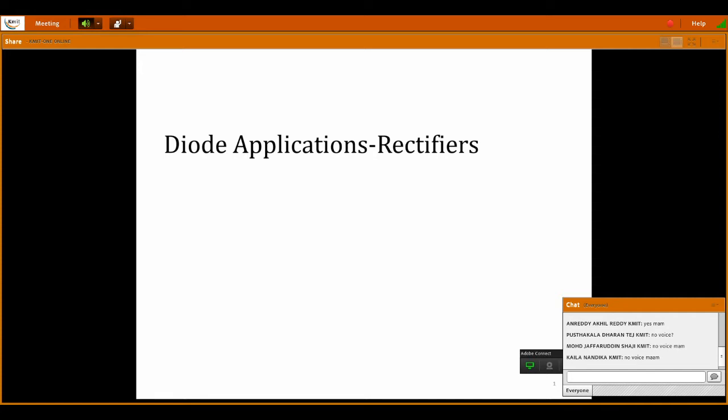So we want a constant DC voltage. We will see the operation of how an AC signal is converted into a DC signal.